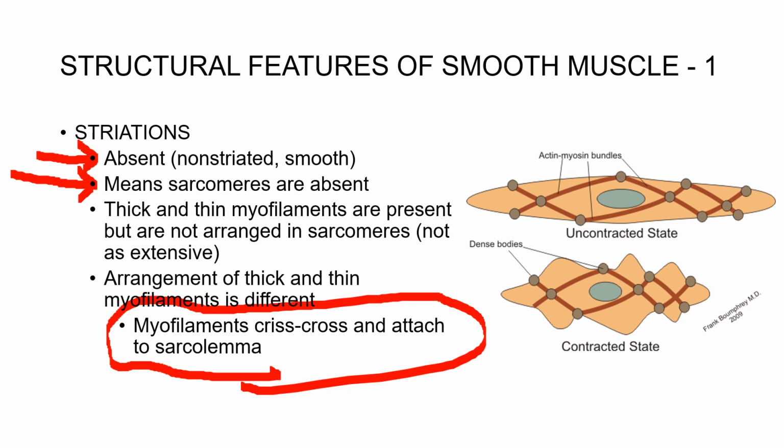Kind of the whole thing just kind of scrunches up. So I picture like a sponge, right? You fill a sponge with water and then you just kind of wring the sponge and you kind of just bunch it all up in your hands. That's kind of how smooth muscle contracts. So it contracts from all possible angles and just kind of bunches or crunches up with that myosin-actin interaction.